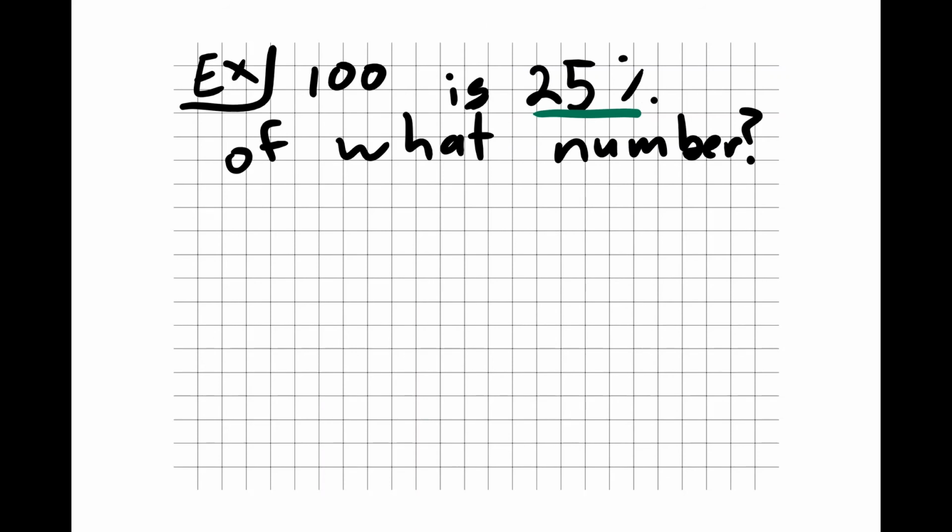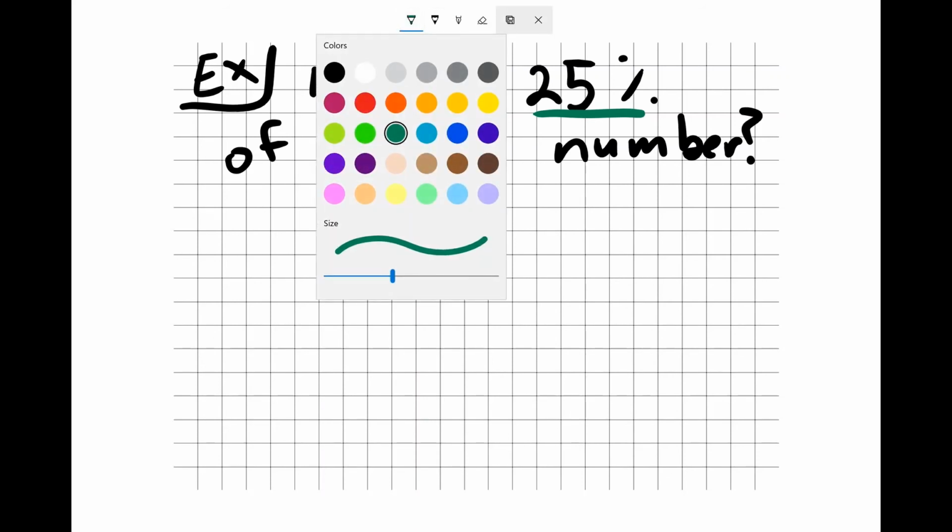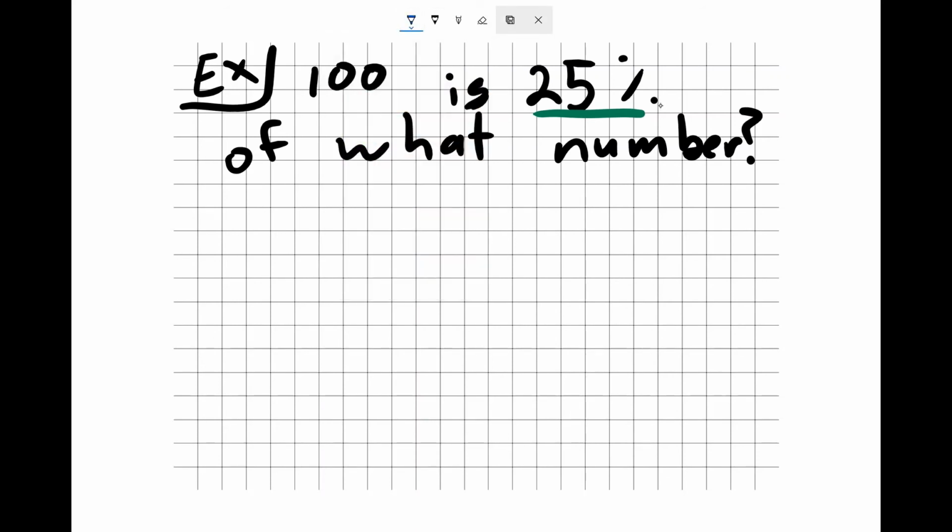Again, we have 25% over here. We have keyword of, only this time it's followed by what number. So now we know that the whole is, 100 is our part.